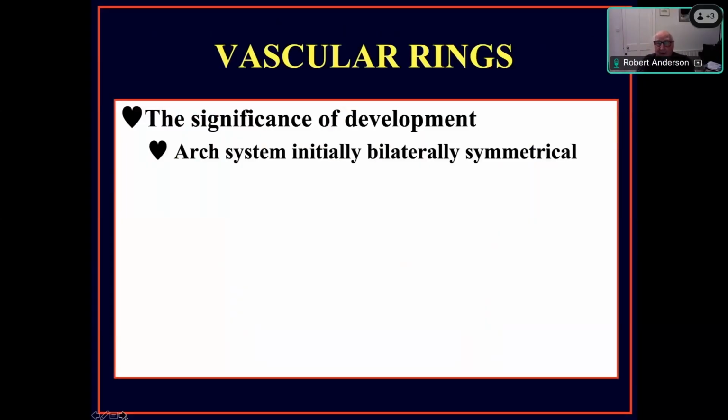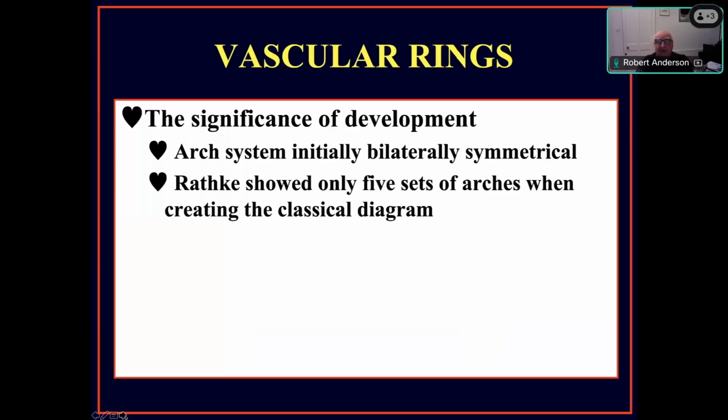So, the basis of understanding vascular rings is indeed determined by the fact that the arch system initially is bilaterally symmetrical, but Rathke showed only 5 sets of arches. So where on earth did this impression that there were 6 sets of arches appear from?